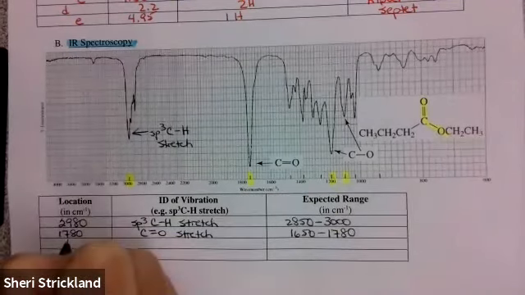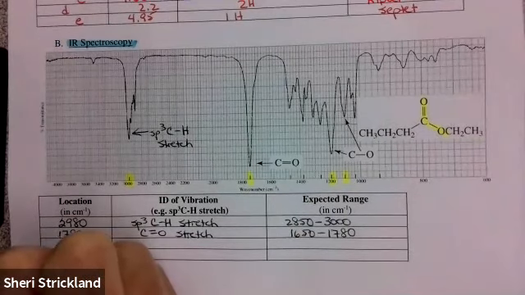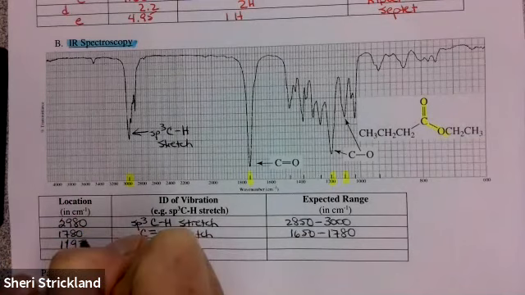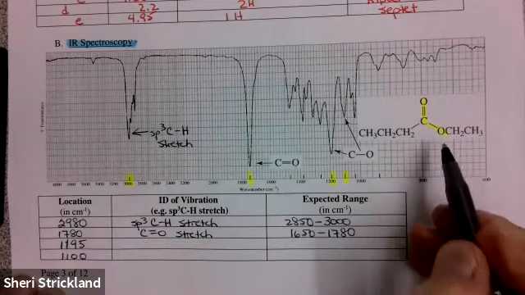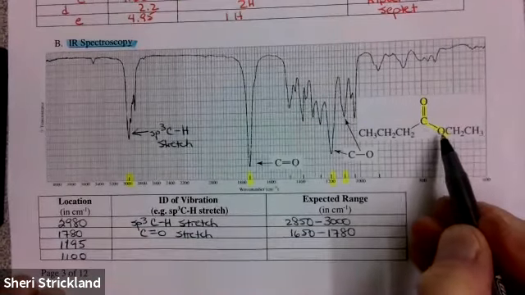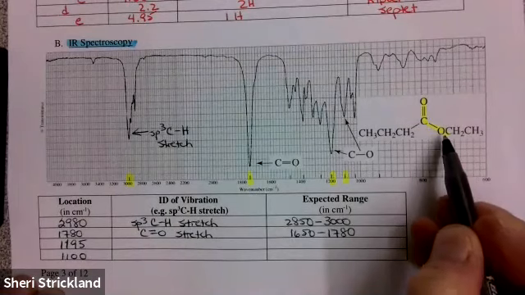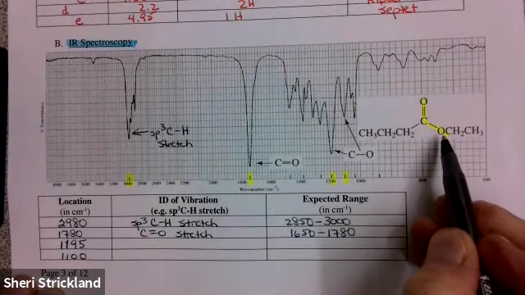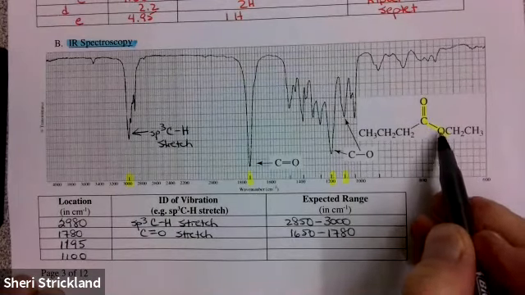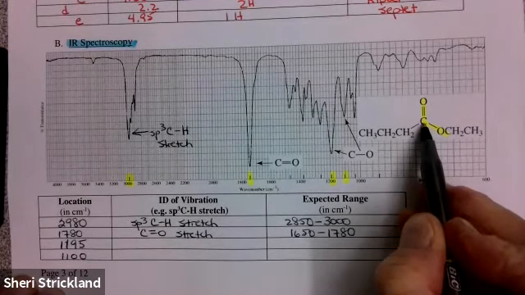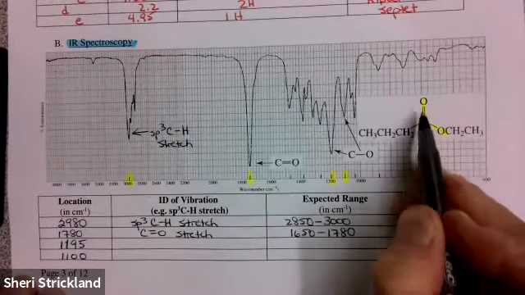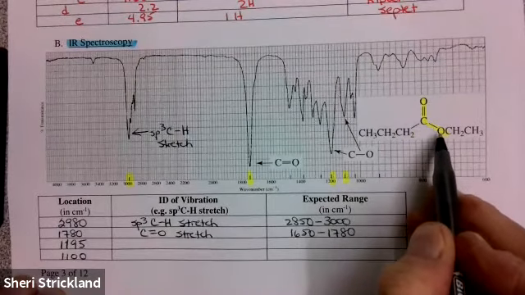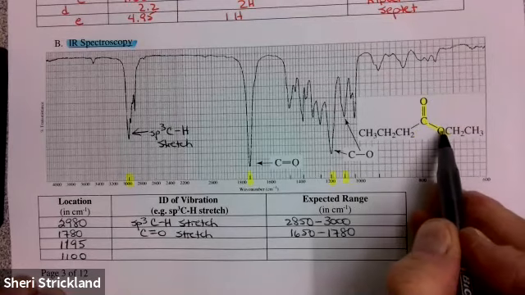And then a couple of carbon oxygen stretches. One I estimated at 1195 and the other at 1100. Anytime you have an sp3 hybridized oxygen, it's bonded in two different directions. And particularly with something like an ester, where this one is bonded to the sp2 carbon of a carbon oxygen double bond, there's going to be another resonance contributor in here, which will make this carbon oxygen bond very different in strength from that one.